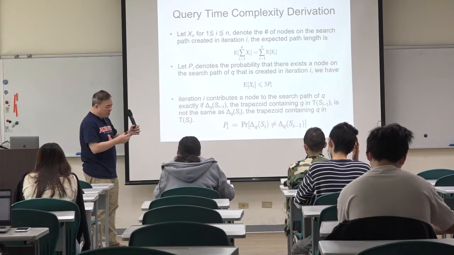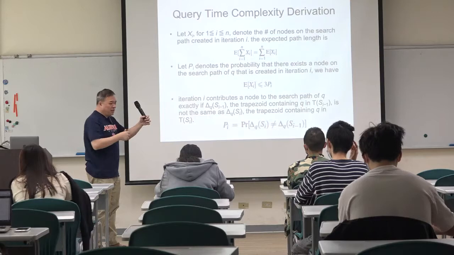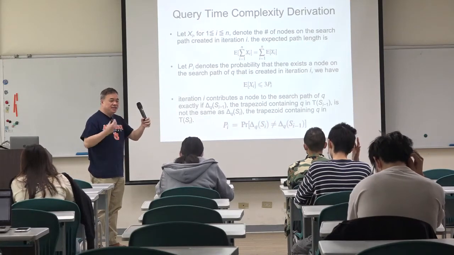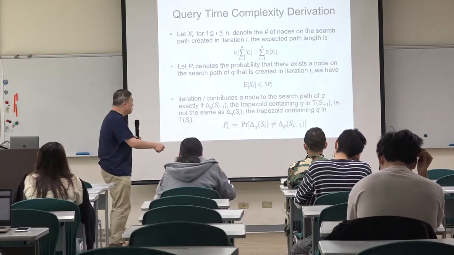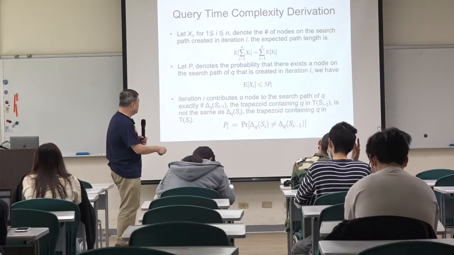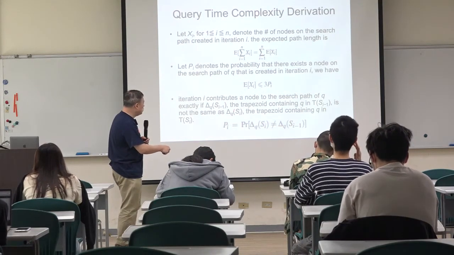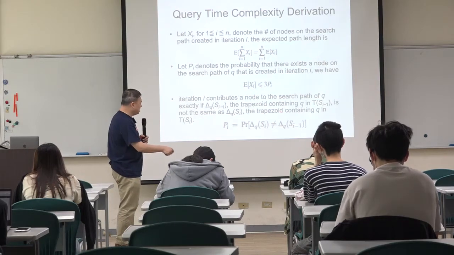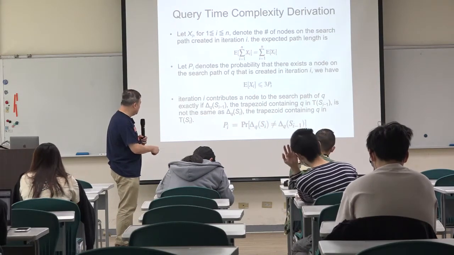Because we must remove that trapezoid and then add something back. So the trapezoid containing Q in TS is a new one.